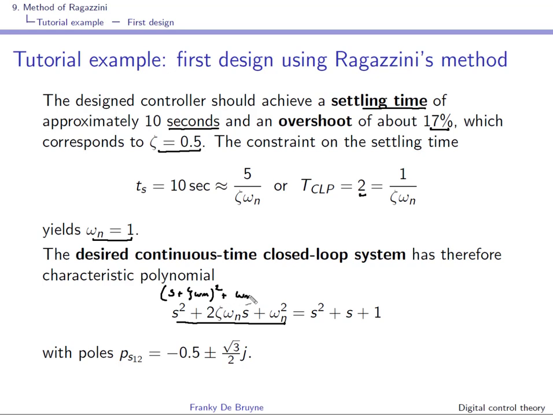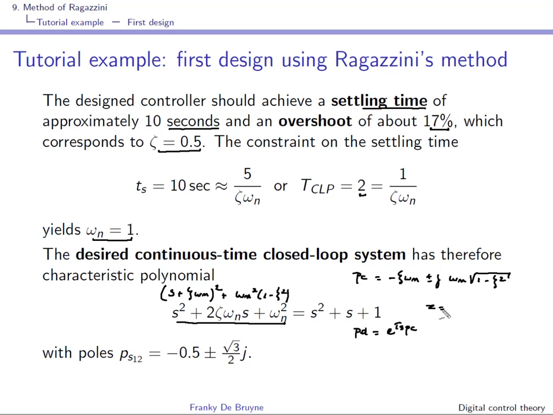So we'll have plus omega n squared times 1 minus zeta squared. So the continuous time poles are minus zeta omega n plus minus j omega n square root of 1 minus zeta square. We are of course interested in the discrete time poles, but they are linked by this relation over here.